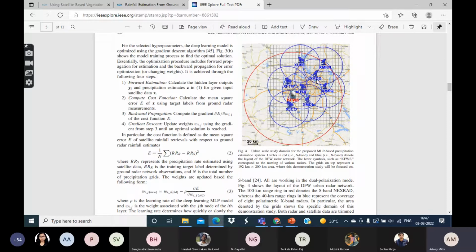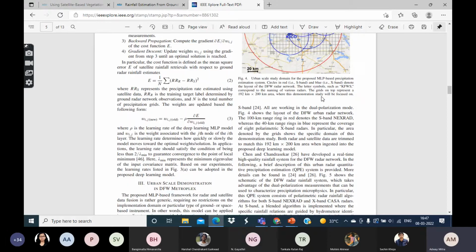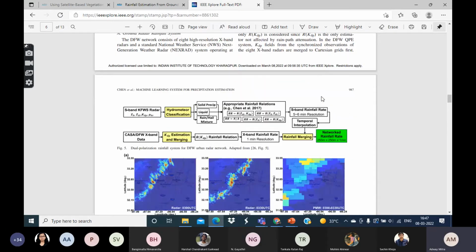So ideally we can build some kind of a neural network, like what they have already done, to calibrate the estimates of one with another, so that we can get a consistent estimate. They have probably not gone into all that. So yeah.